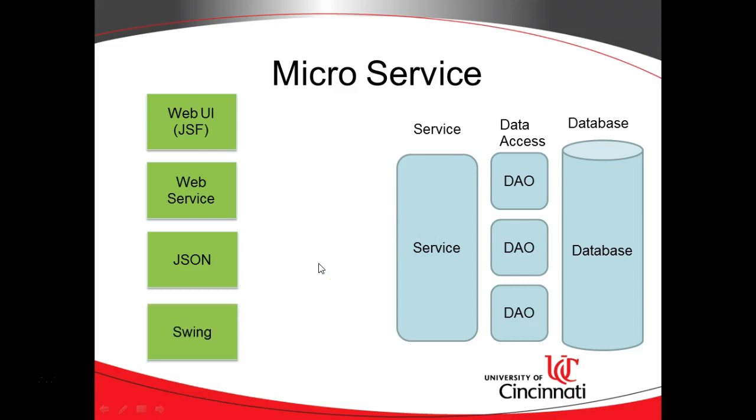Now, we're going to take a look at Swing, which is a Java-based, what we'll call a fat client or a rich client program, something that will run on a user's laptop or a user's PC. And once again, this user interface will integrate with our existing microservice.